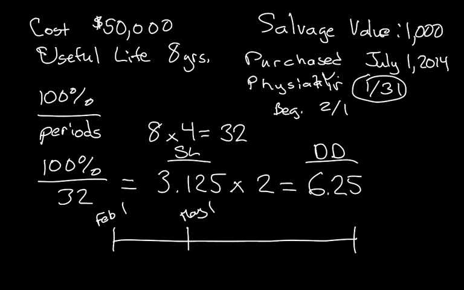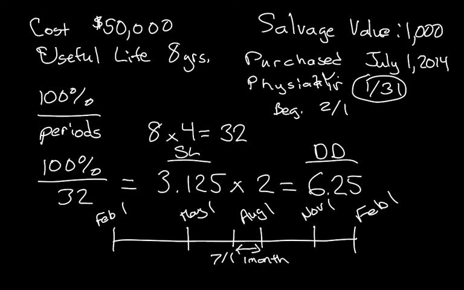The second quarter will be May 1st to August 1st. And then the third quarter will be August 1st to November 1st. And then the fourth quarter will be November 1st back to February 1st. Okay, so with that in mind, when they made this purchase on July 1st, that only gave them 1 month of time in that second quarter.